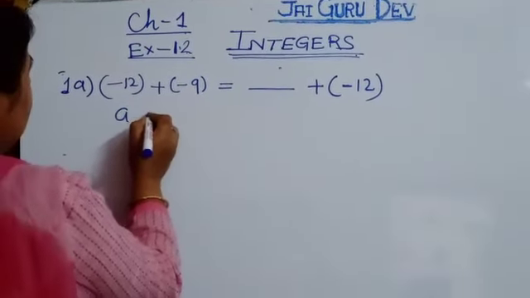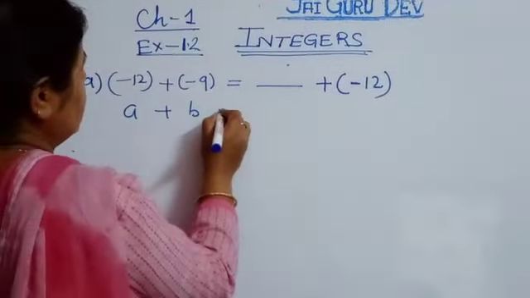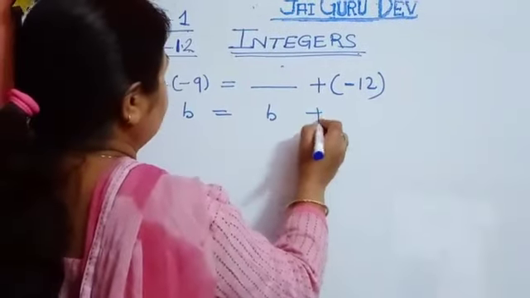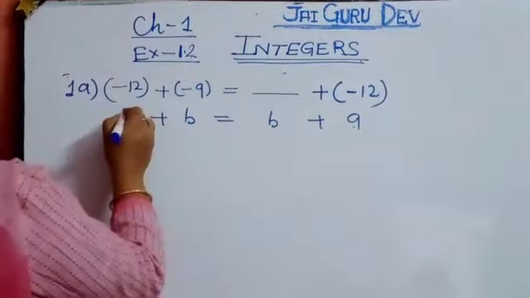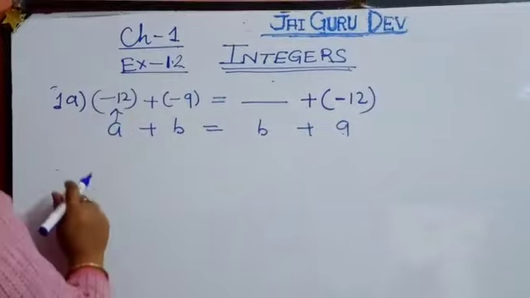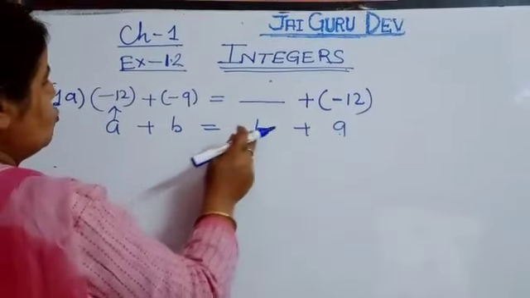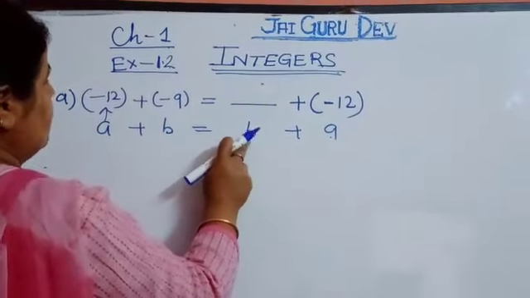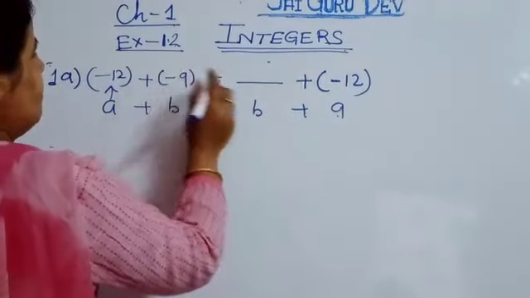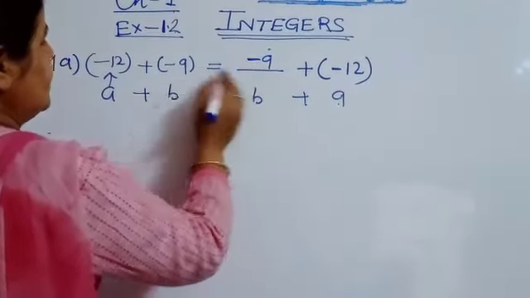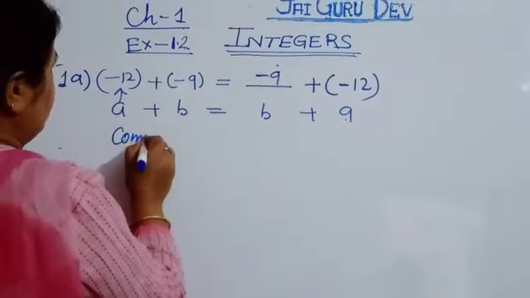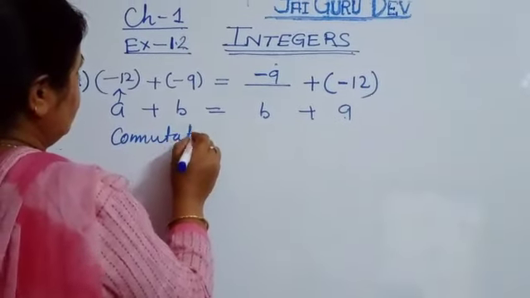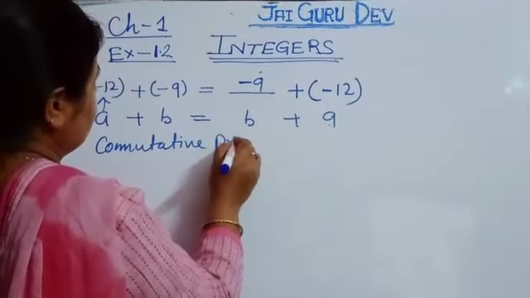A plus B is equal to B plus A. See, if we decide A as minus 12, B is minus 9. So what should come in place of the dash? Minus 9. So which property is this? This is the commutative property.